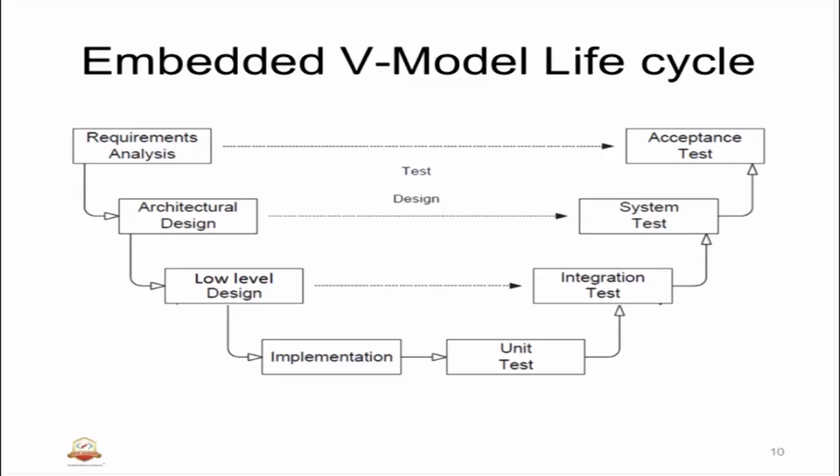On par with this, we have testing staggered on the right hand side. We will develop the tests as per the horizontal line. For the requirements, we will write a high level test or acceptance test. For the design we will write system test. For the low level units we will write integration test. For the source code we have the unit testing.